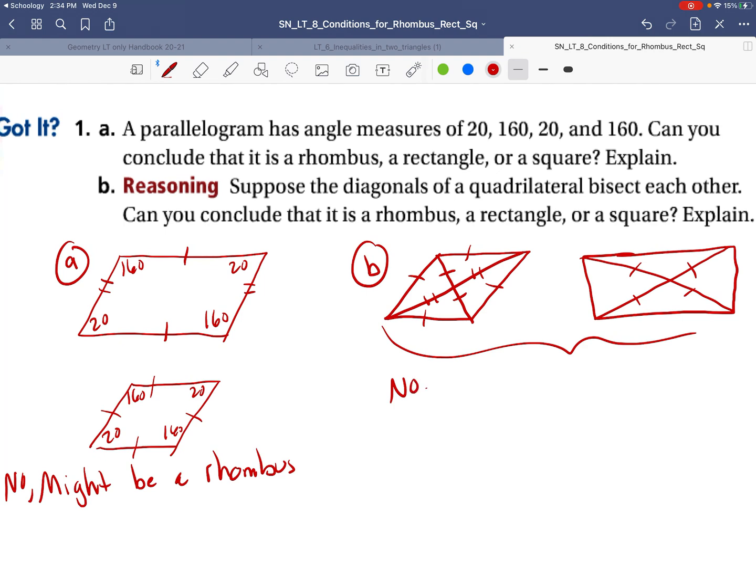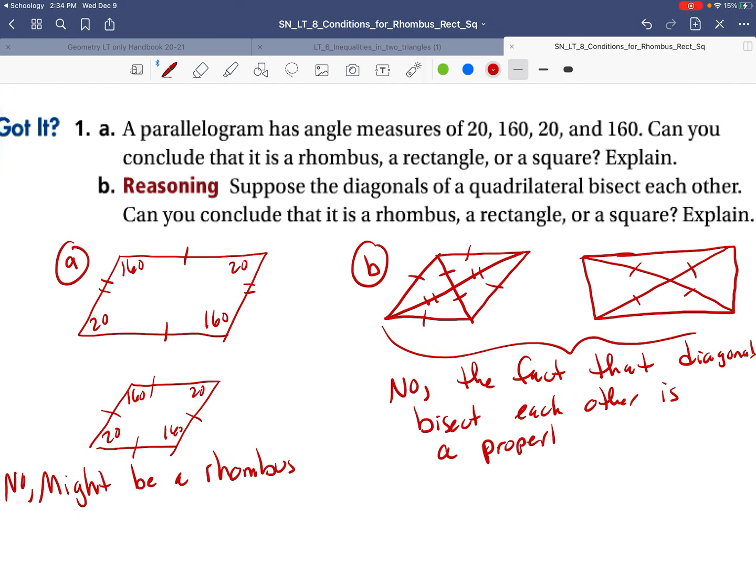So the answer is no. The fact that diagonals bisect each other is a property of all parallelograms. All parallelograms have that to be true.